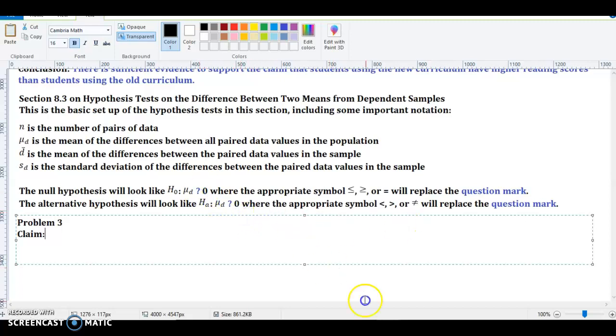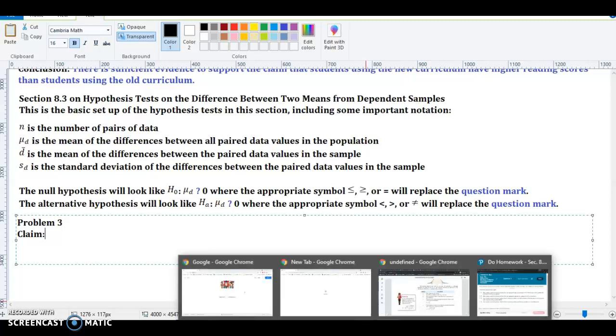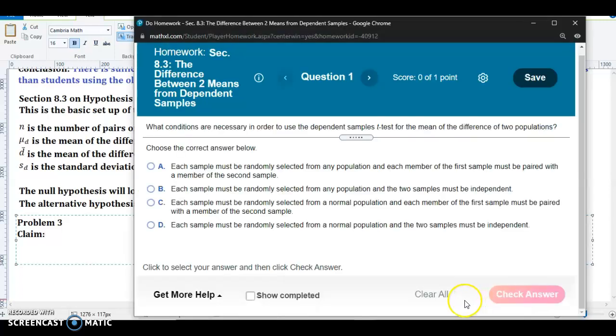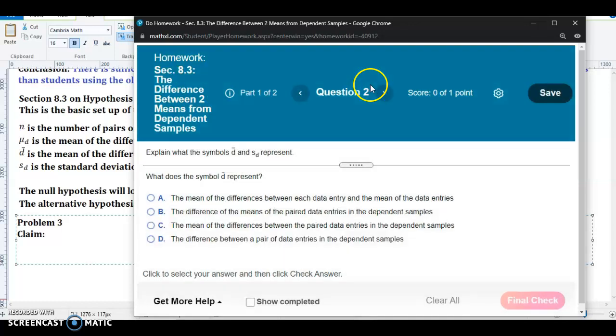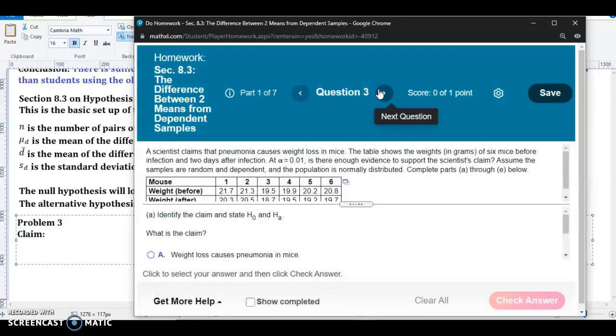All right. So the first example we're going to look at is problem 3 in the homework. So we're going to skip the first two questions. You can answer those by reading the first page of the section. Question 3 says, a scientist claims that pneumonia causes weight loss in mice.